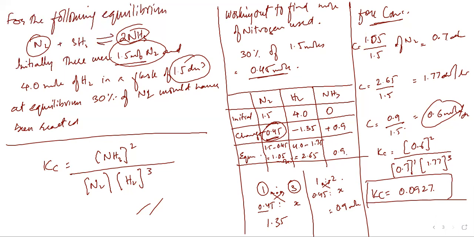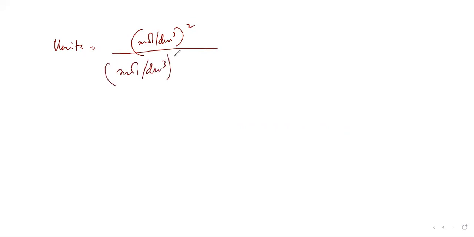And if I find the units for this, it will be mole per dm cube squared, mole per dm cube power 1, and mole per dm cube power 3. So entire of this cancels this.